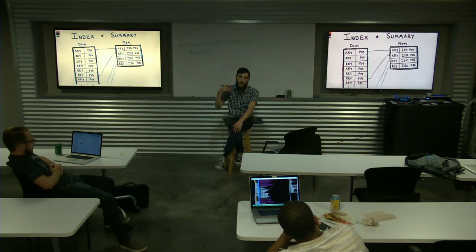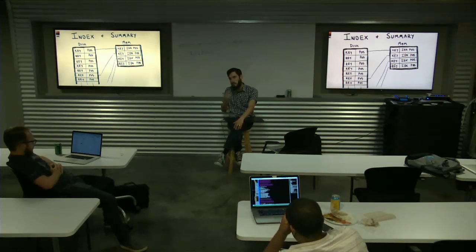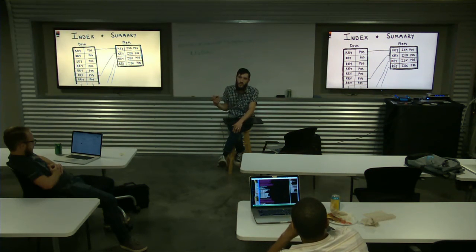We don't want to have to always scan this huge file on disk every time we do a lookup. So there's a second structure called the index summary that we do keep in memory. The summary is basically just a sample of every 128th item in the index. Together they form a kind of two-level tree.